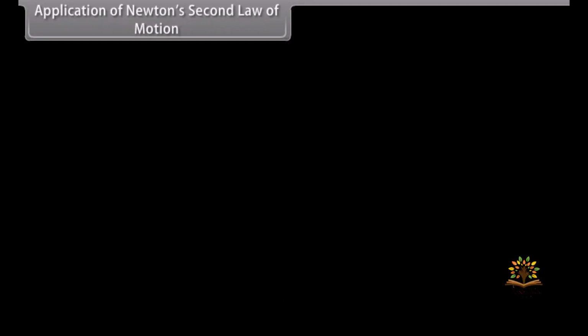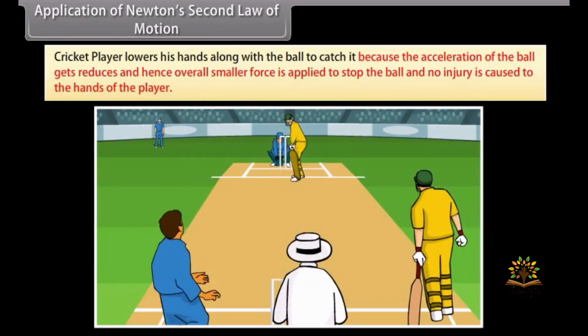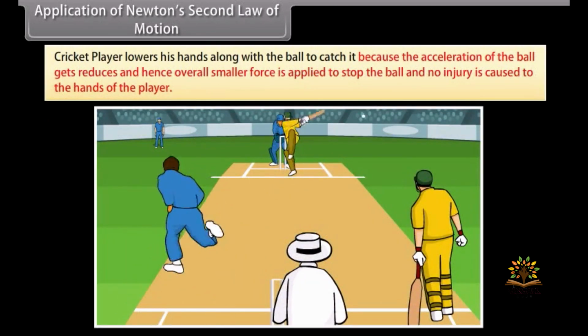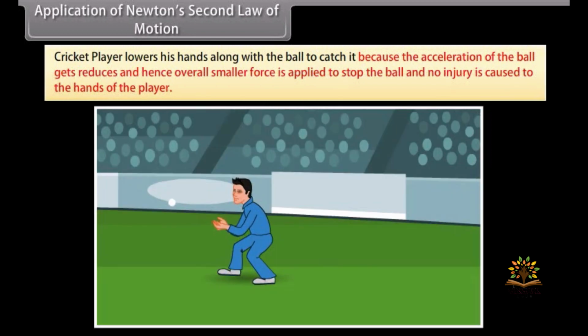Application of Newton's second law of motion. A cricket player lowers his hands along with the ball to catch it because the acceleration of the ball gets reduced, and hence a smaller overall force is applied to stop the ball, and no injury is caused to the hands of the player.